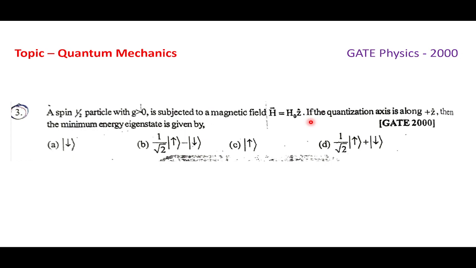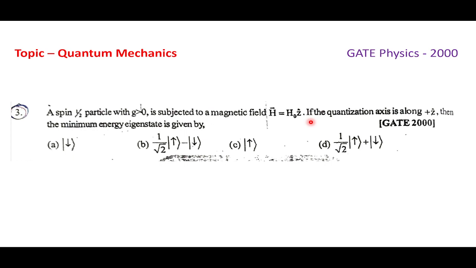Here it's written that the quantization axis is along z, so it means that the spin is oriented along z, right? So then cos theta is 1. See, your quantization axis is along the z axis, and your magnetic field is also along the z axis, right?